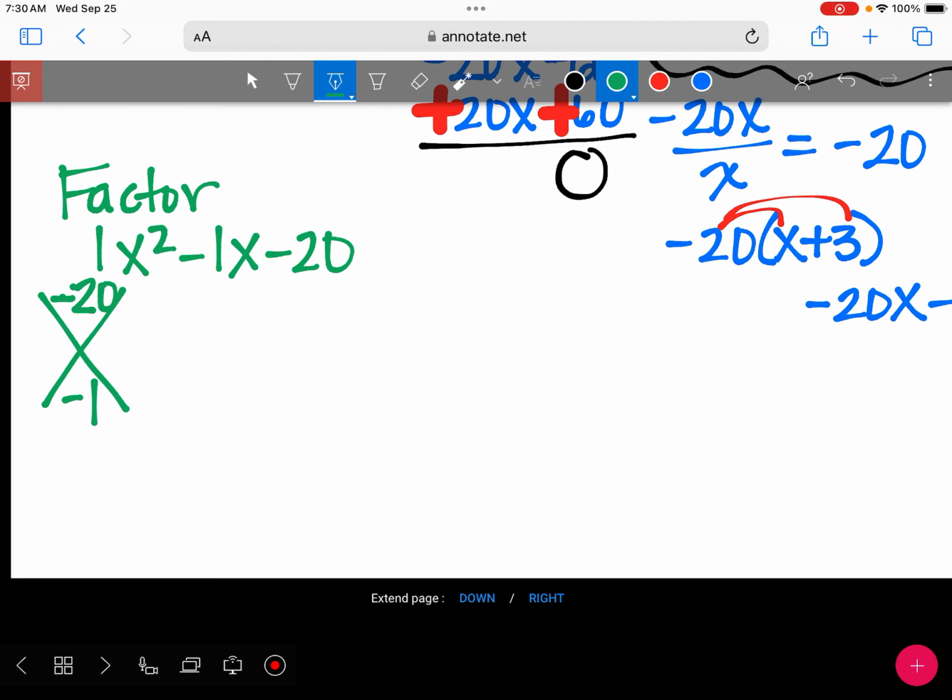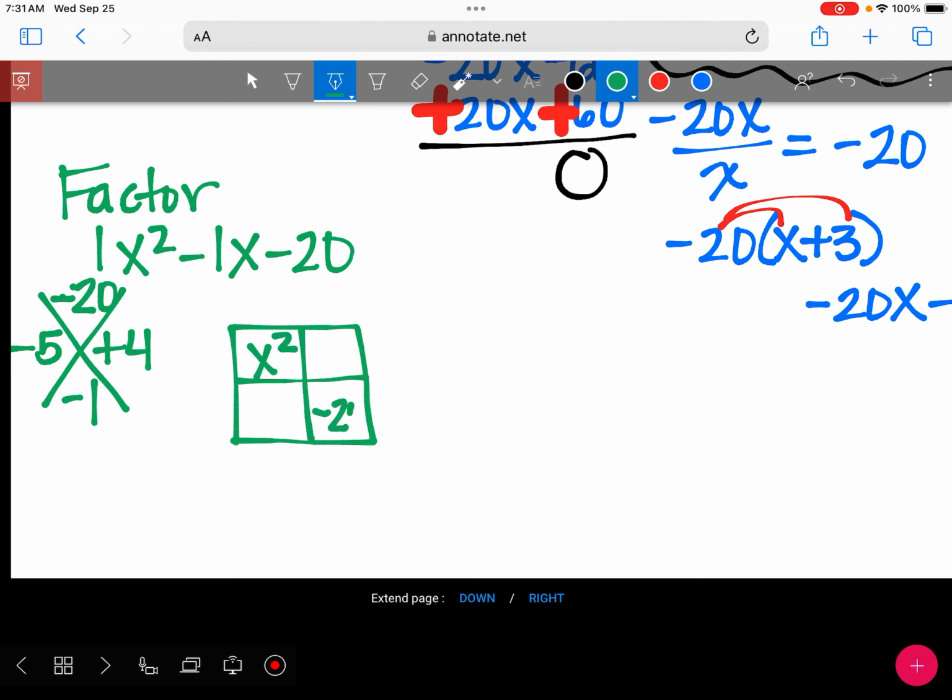You have negative 5 and a plus 4. And we make our box. We got our x squared here and our negative 20 here. Actually, let me make that a little bit bigger.